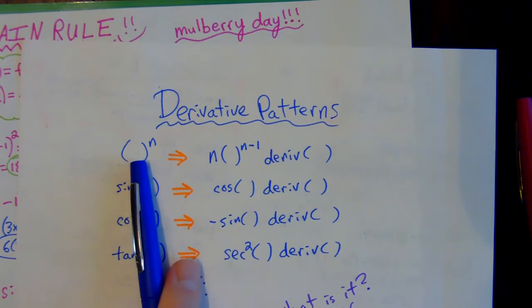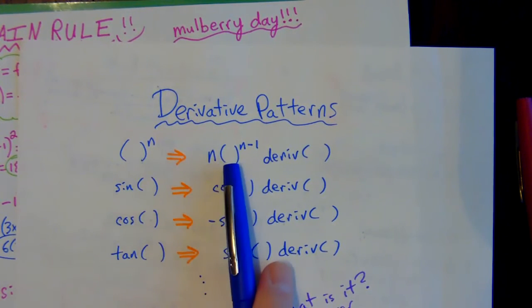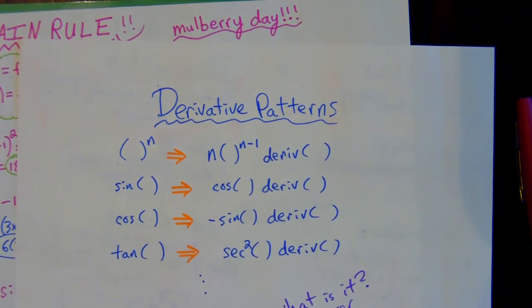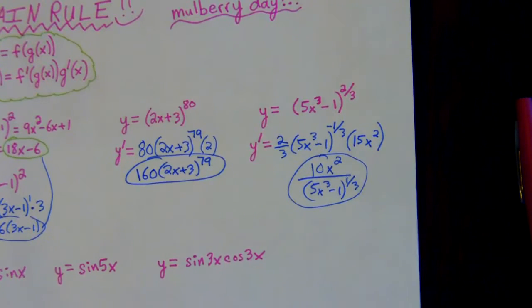And you just got a pile of dog poo right there, raised to the nth power. You multiply by the power, and then you literally leave that alone. You leave that dog poo alone, decrease the power by 1, then you take the derivative of the dog poo right there. So make sure you leave that alone, whether it's a normal function, whether it's a trig function, or whatever. I can't stress that enough.